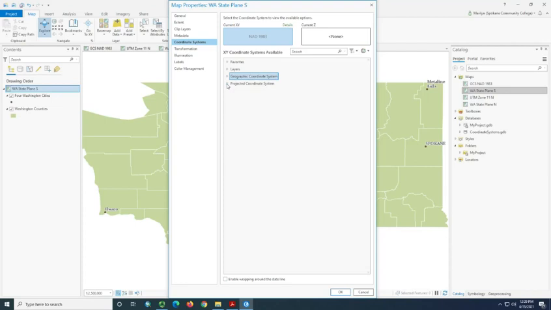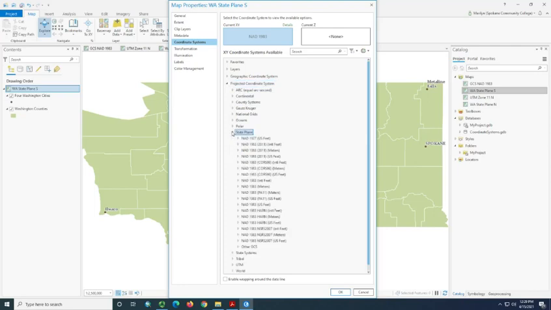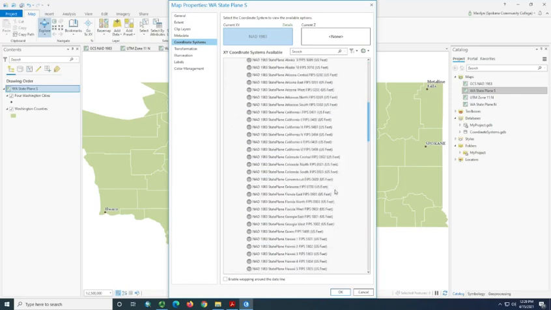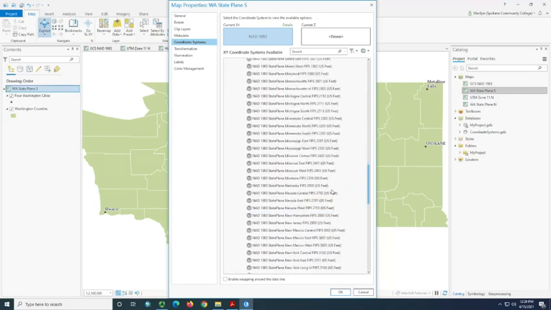So finding the coordinate system you need sometimes takes a little bit, but I am actually showing you the most common coordinate systems that we're going to use. So that's going to be UTM Zone 11 North, State Plane North, and State Plane South. So let's see here. State Plane, NAD 1983 US feet, yes. And then State Plane, Washington South.